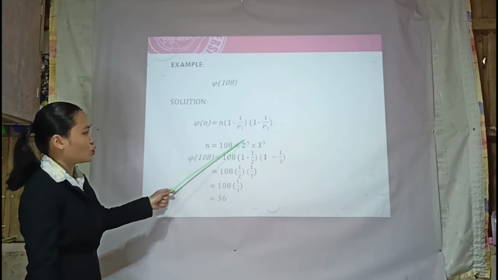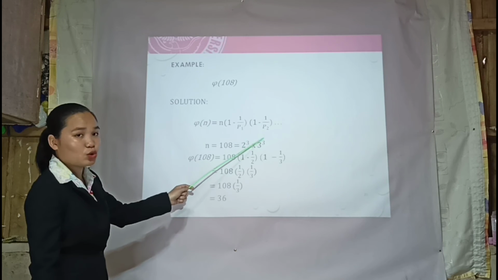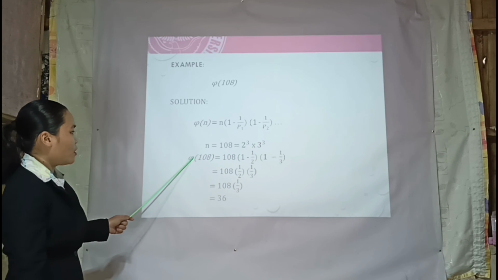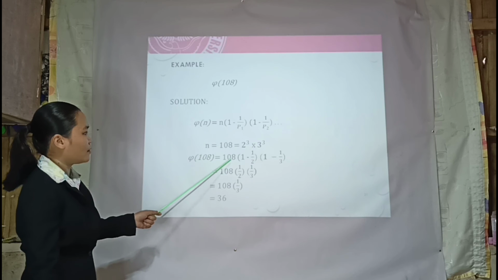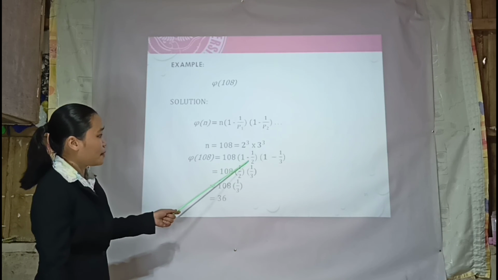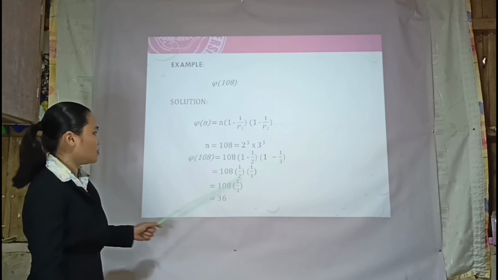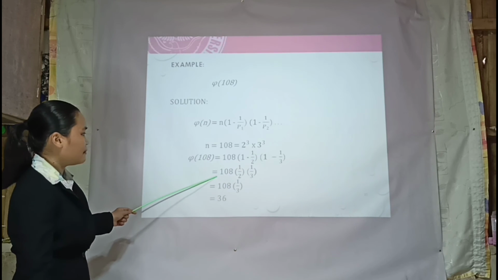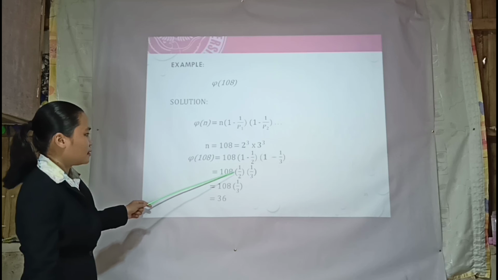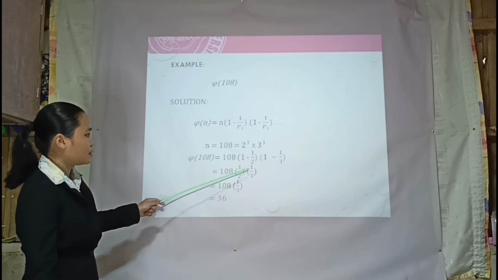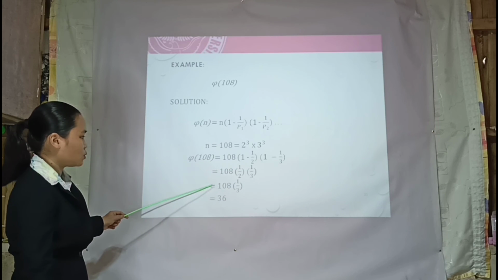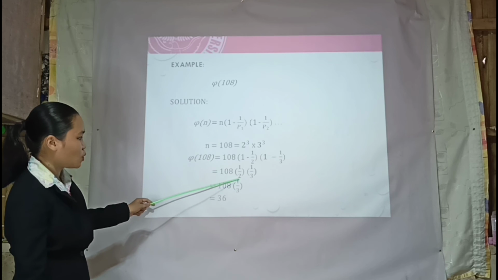We have 2 cubed times 3 cubed. So, phi of 108 is equal to 108 times 1 minus 1 half times 1 minus 1 third. If we evaluate this, we have 108 times 1 half times 2 thirds.